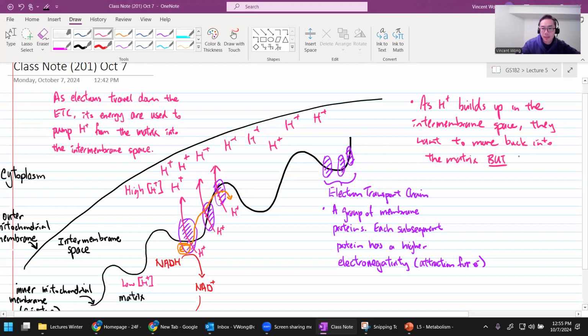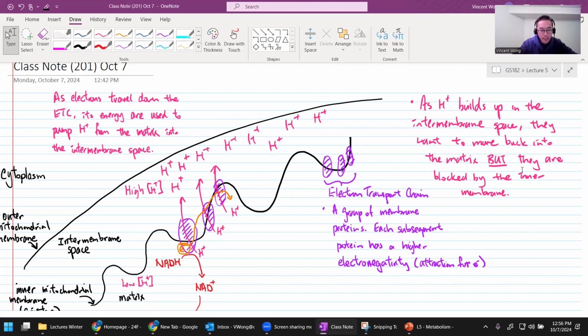But they are blocked by the inner membrane. Okay? Anything that's charged or big can't go through membranes, right?